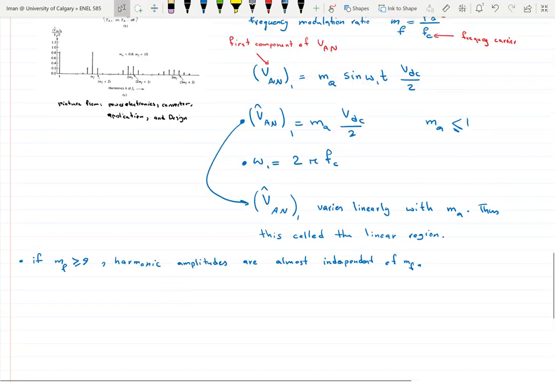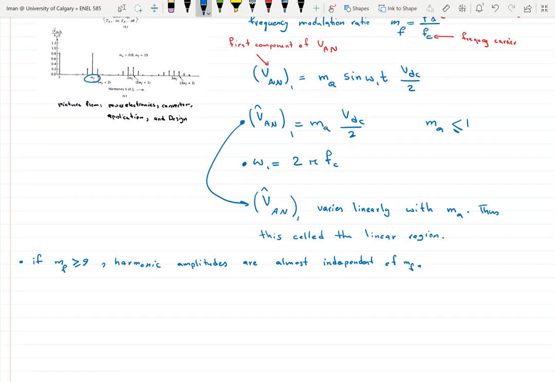Okay, so now let's look at at what frequencies these harmonics occur. We said it's harmonics and its sidebands, right?